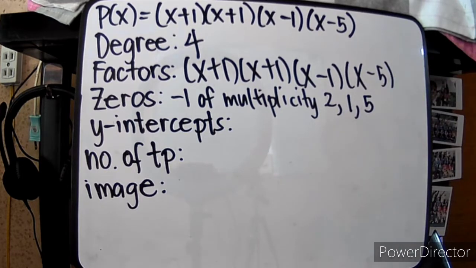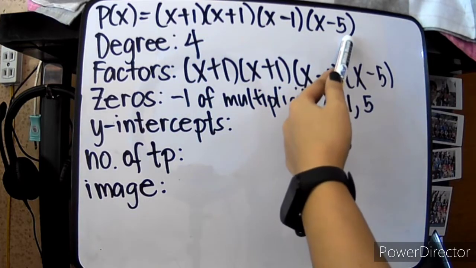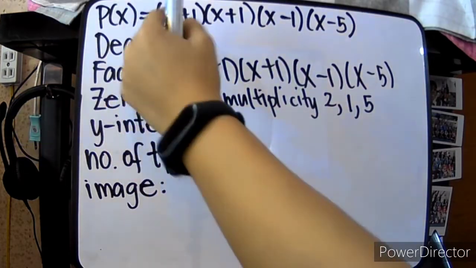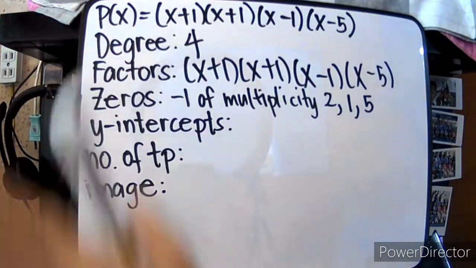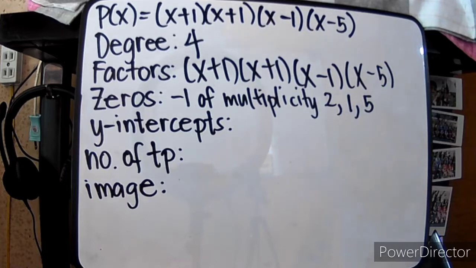Okay. And then y-intercept is the constant. Kapag ang ating given is in factored form, yung mga number ay ipag-multiply natin. Maliban na lang kung meron tayong variable x sa labas, ang ibig sabihin nun wala tayong y-intercept. So 1 times 1 times -1 times -5 will give us 5.